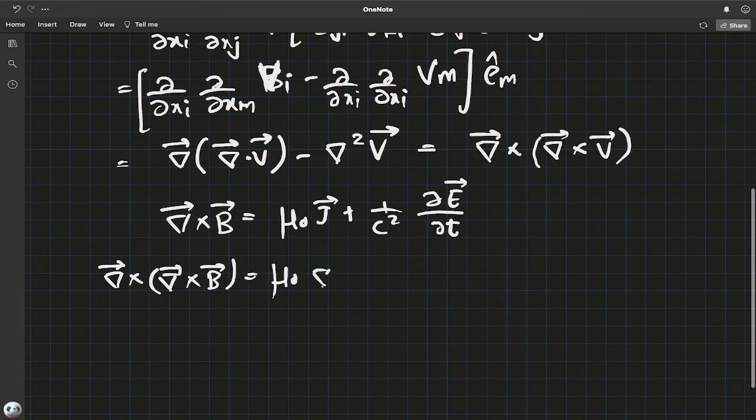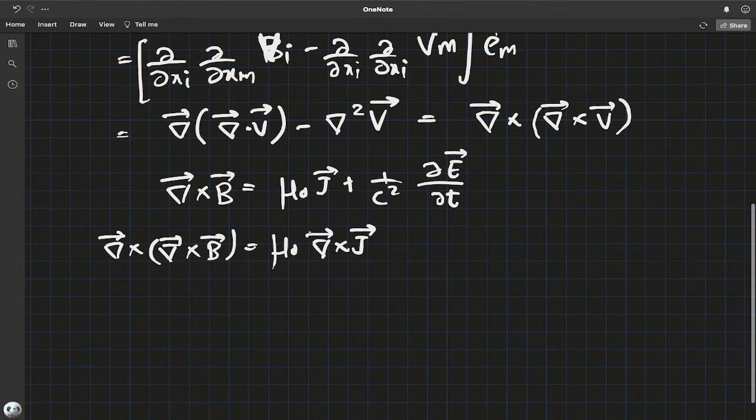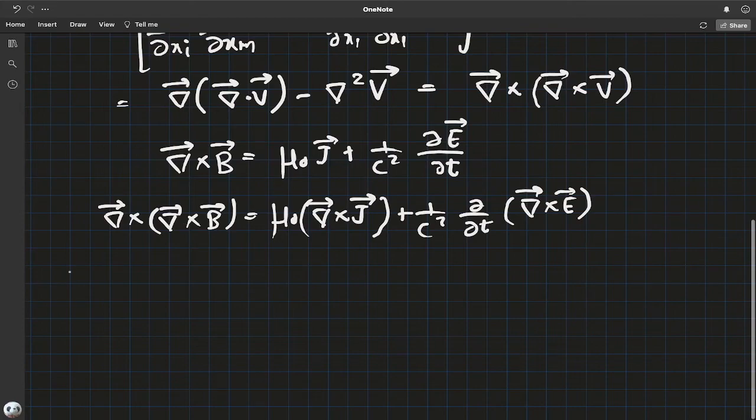So mu naught, one over c squared partial with respect to t curl of E. Well, this guy, we can use the formula above. Gradient of divergence of the magnetic field minus the vector Laplacian of the magnetic field is equal to, we can assume this term to be 0. We can say there are no sources, that's one of our boundary conditions.